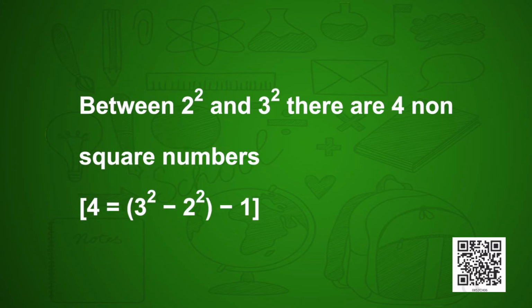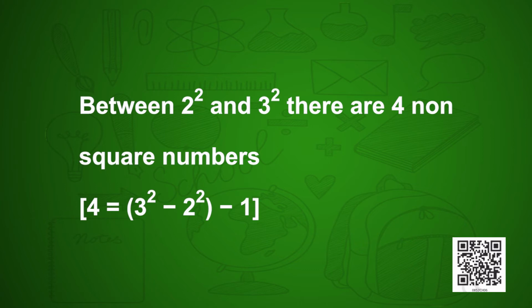And then observe here, we can write 4 as 3 square minus 2 square, that is 9 minus 4, we get 5, minus 1 is equal to 4. So, we can write this 4 as 3 square minus 2 square minus 1. Remember the pattern that we are writing. Whenever we have a square number, say 4, we are reducing it by 1 and taking the squares of that number and the number less than that.